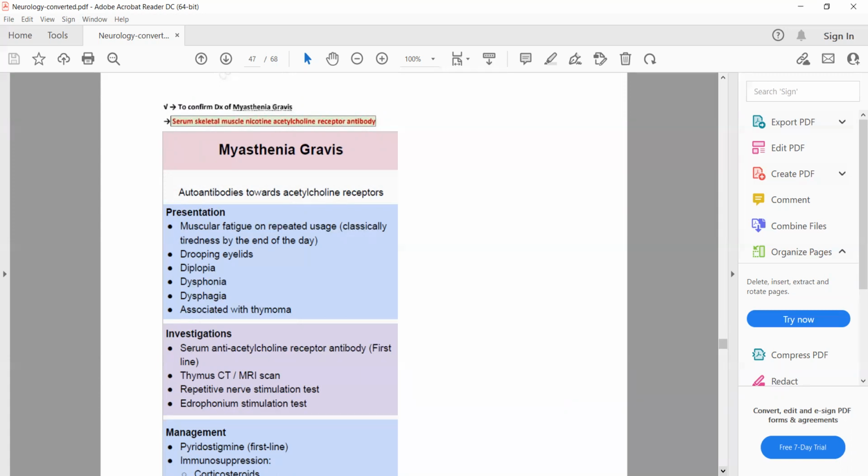While in Myasthenia gravis, reflexes are usually normal. There are no reduced reflexes. The deep tendon reflexes in Myasthenia gravis are normal. This point is important to remember.